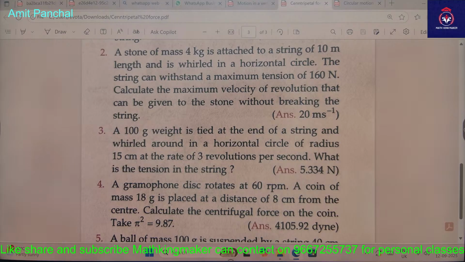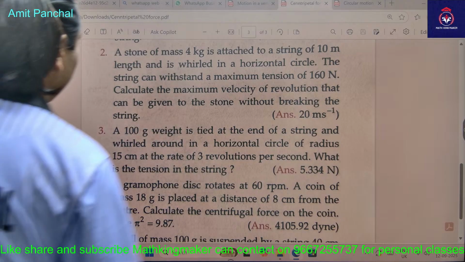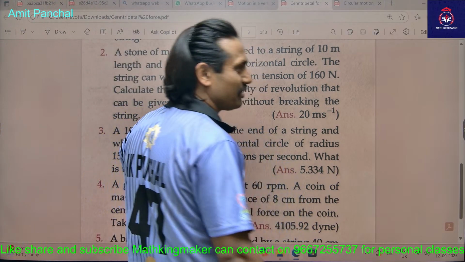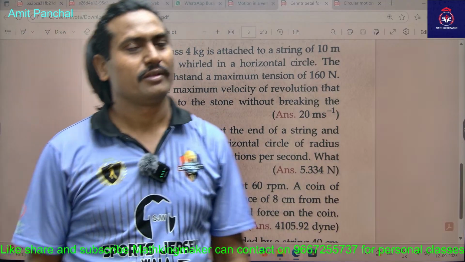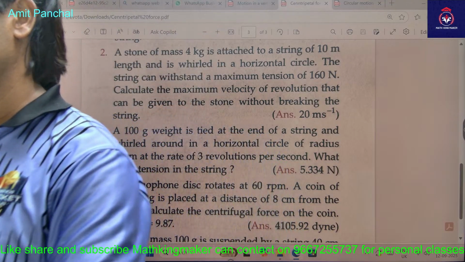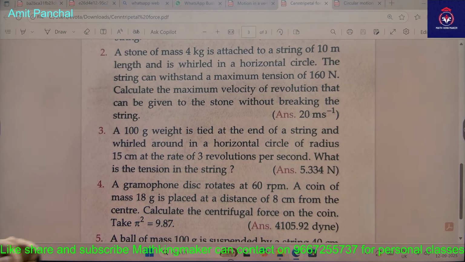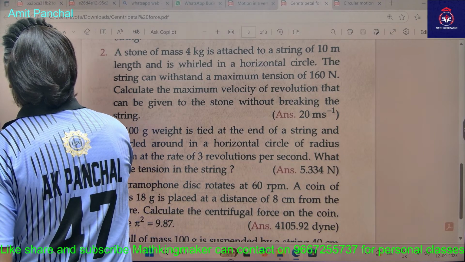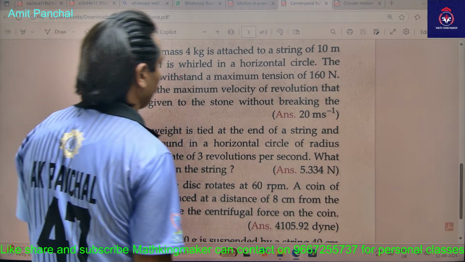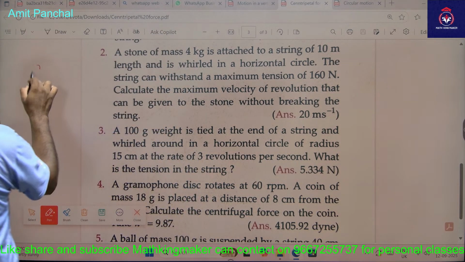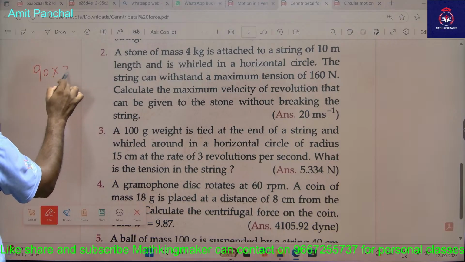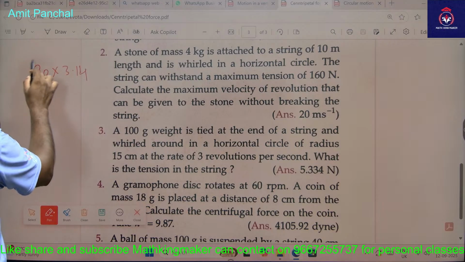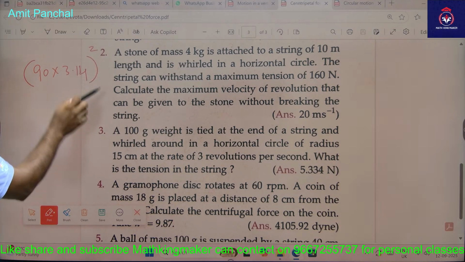So, is there any easy way to do 19 into 3.14 square? 90 into 3.14 whole square. First you multiply this.